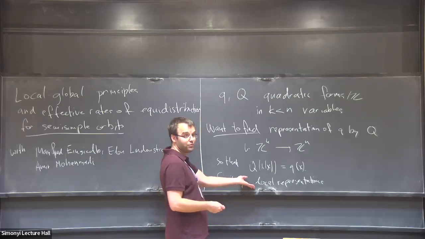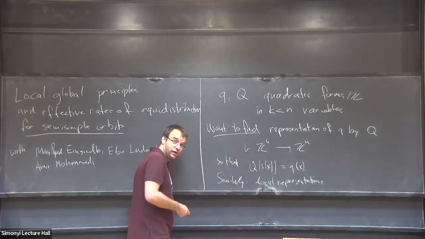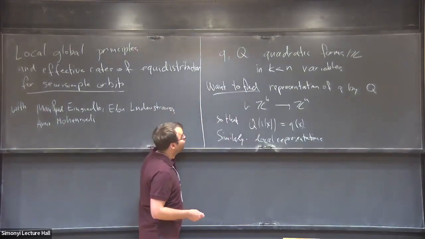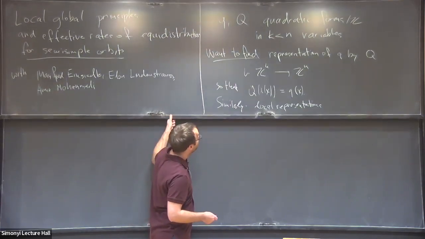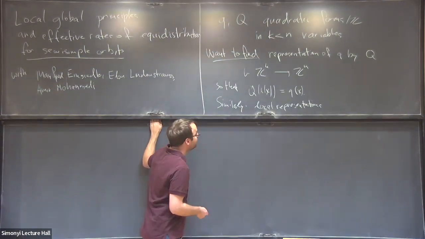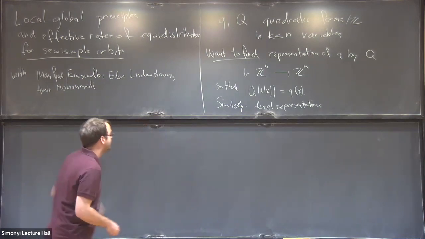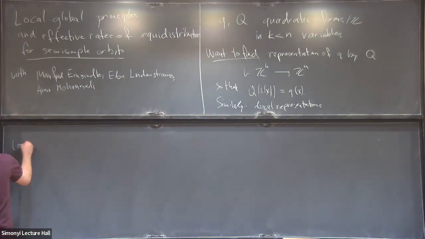If I cannot find local representations, then I certainly cannot find a global representation over Z. That's the local-global principle in this setting.